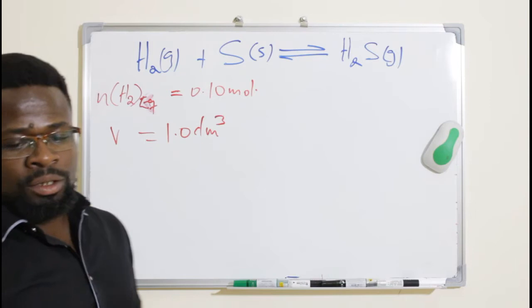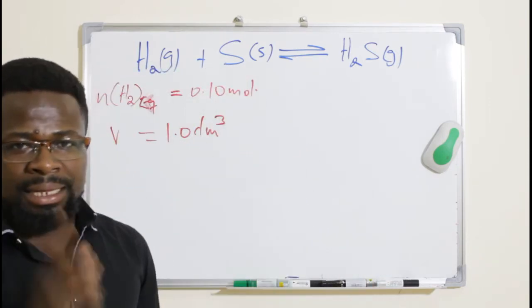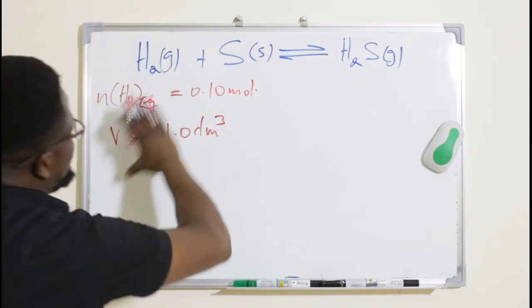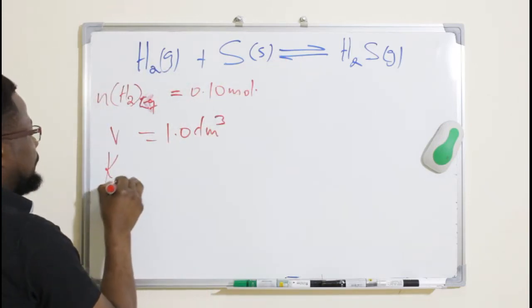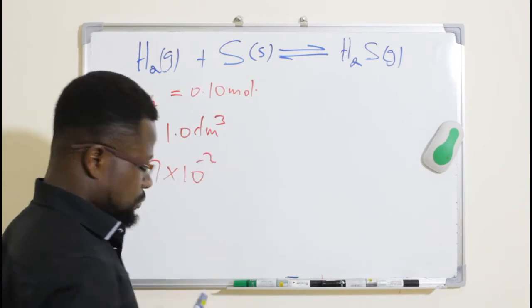Alright, so this is what is given, and the next thing that we know is the Kc value, which is 7 times 10 to the power negative 2.